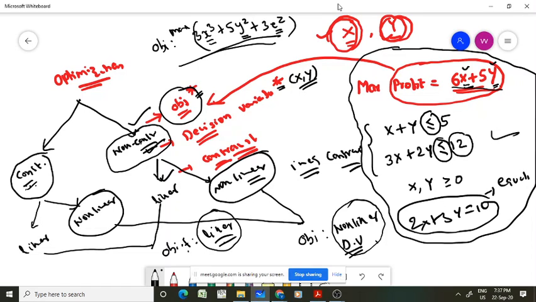In case of a linear optimization problem, we can use the simplex method, the dual simplex method, and the interior point method.